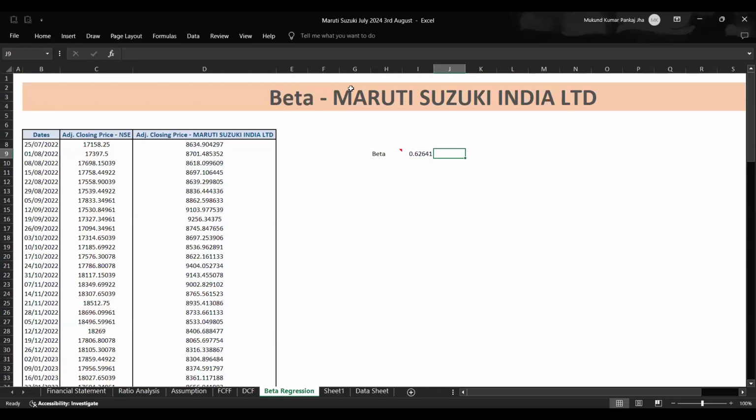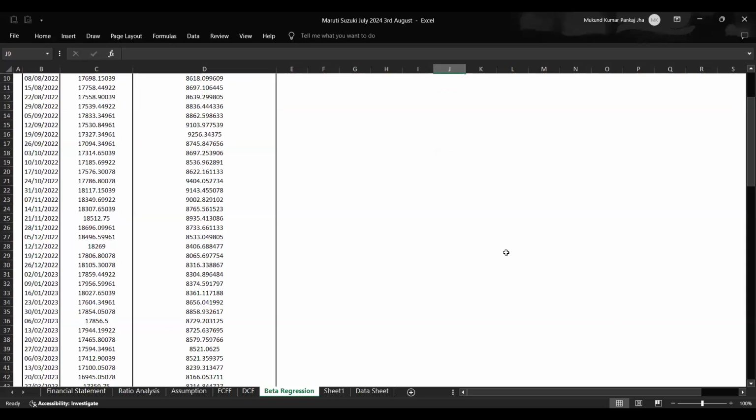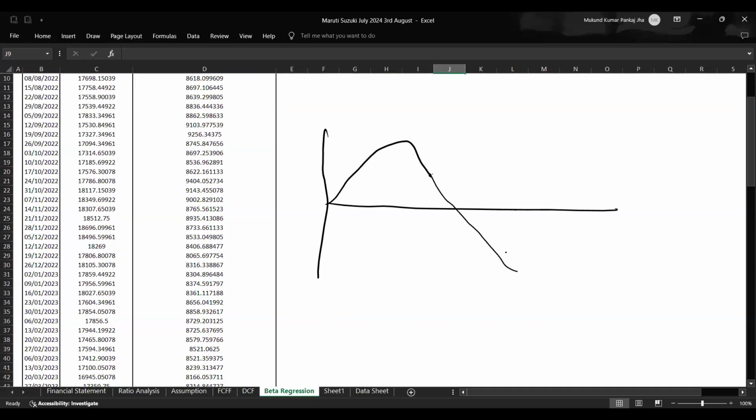What I'm trying to say is that in the long run, it is observed that beta keeps fluctuating within a level. So the short-term beta can deviate from 1, but in the long term, beta comes near 1. If beta is below 1, it will come towards 1 in the long run.